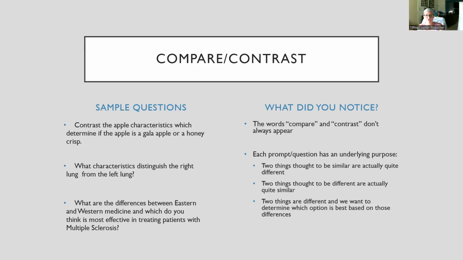Or these two things are different and we want to determine which option is best, based on those differences. We're going to be focusing on those first two purposes: how two things that are thought to be similar are actually quite different, or how two things that are thought to be different are actually quite similar, right?